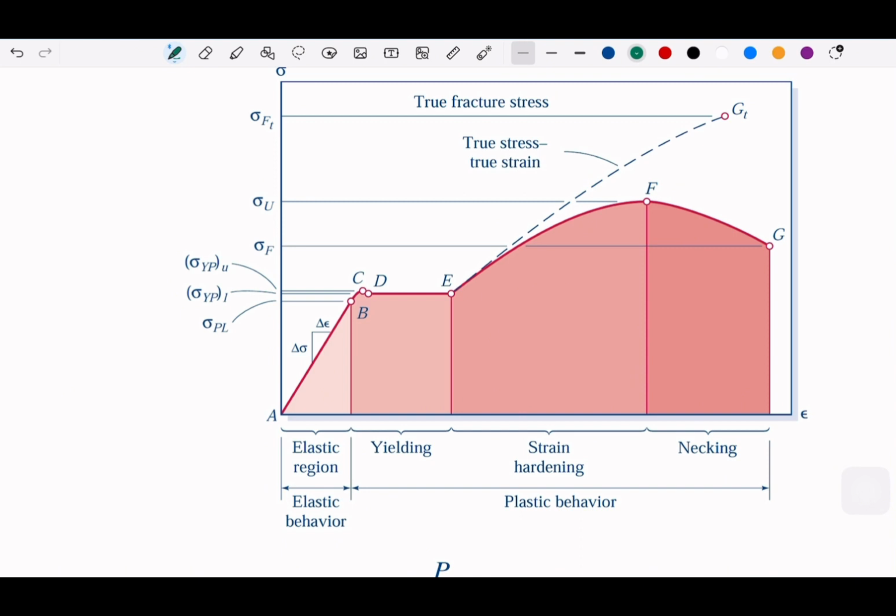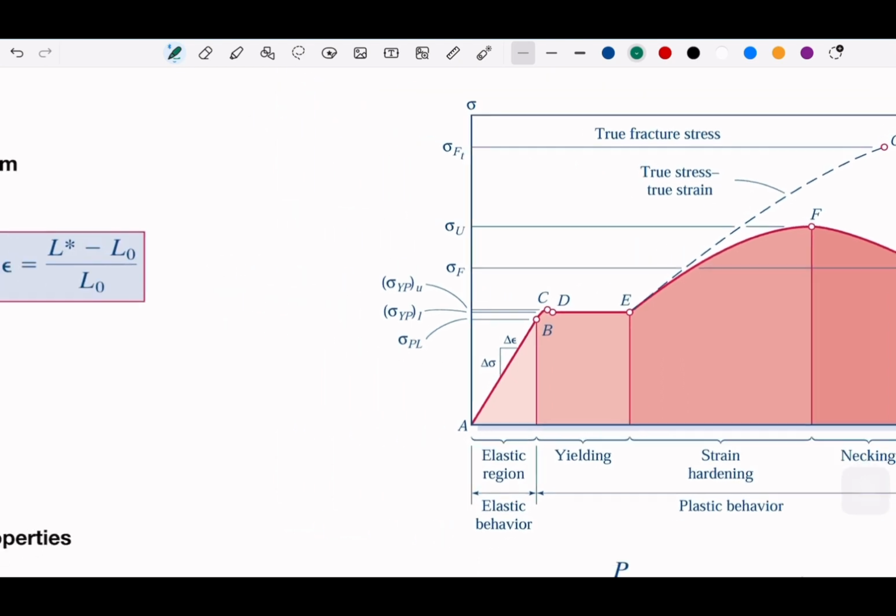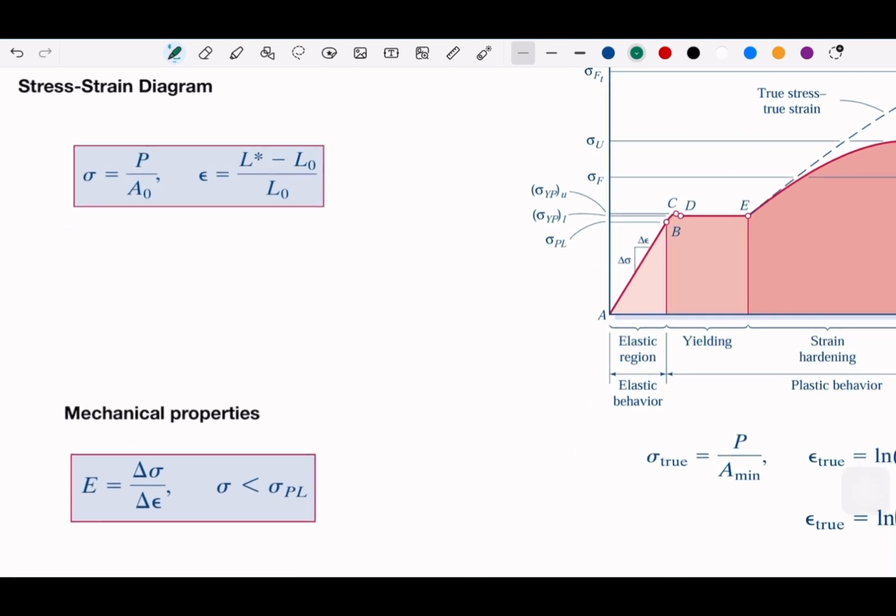I think you have learned this before, but I'm going to review what these are and what their importance is in our chapter. So the first thing you need to do is take the displacement and the forces and convert them into stress and strain.